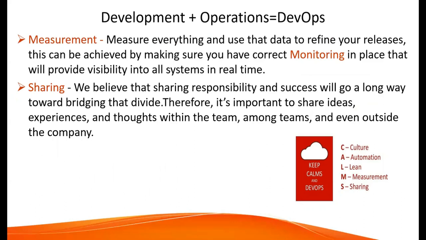You need to make sure you have proper observability and monitoring tools like Nagios, Grafana, Prometheus. You can have Dynatrace, New Relic, AppDynamics. This gives you the picture of how your system is performing in real time from the infrastructure perspective.